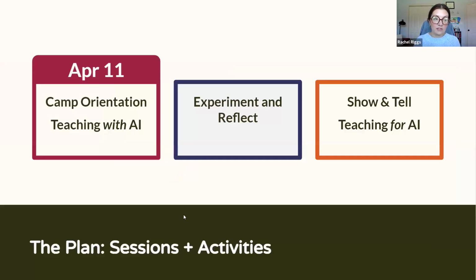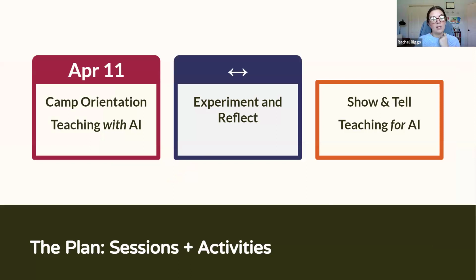If you joined us on April 11th, then you were there for the camp orientation, and we talked about teaching with AI. So we looked at some different tools, different prompting strategies to help you use AI effectively, and also some principles around AI ethics and responsible use of AI.